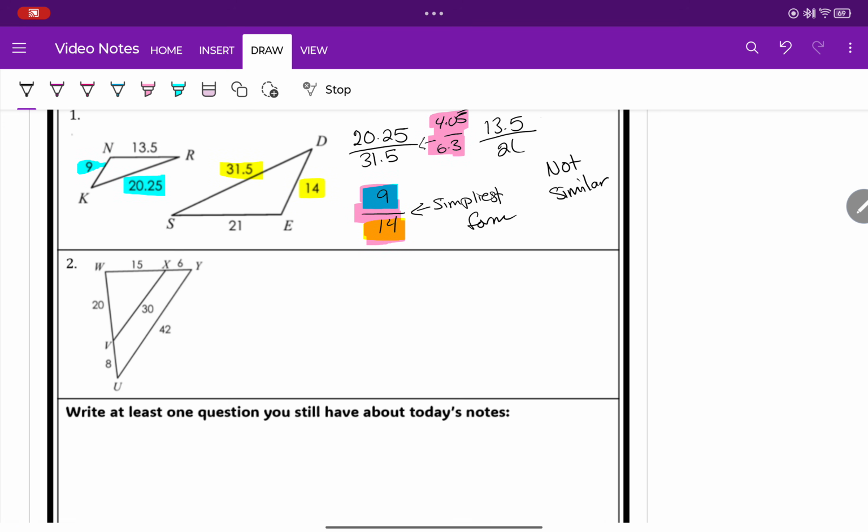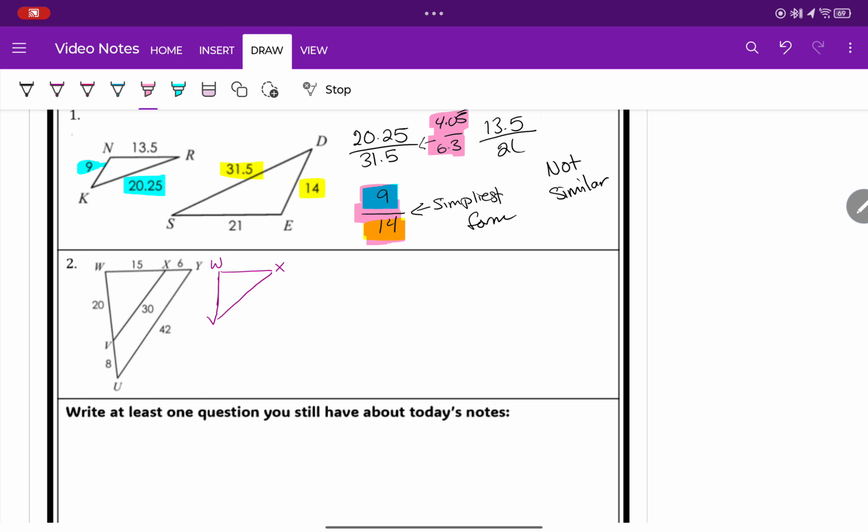Okay. Triangle number 2 looks like it's only one triangle with a midsegment, but really it's 2, and we can go ahead and split our triangles up. What I mean by that is I'm going to remove triangle WXV from the top and look at triangle WUY.